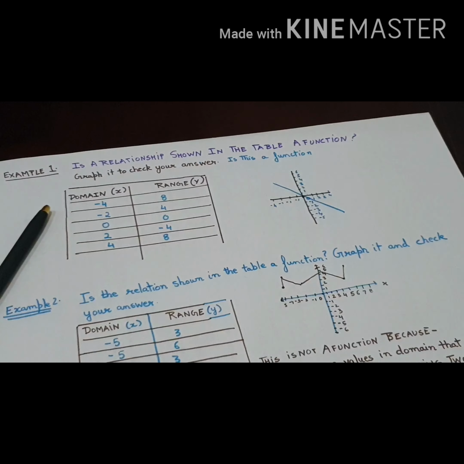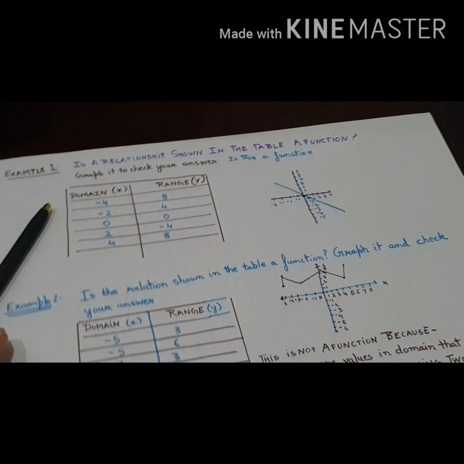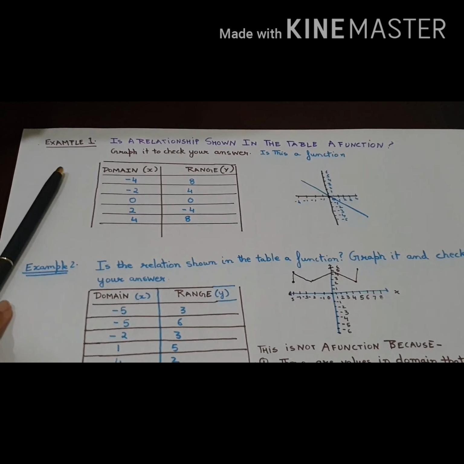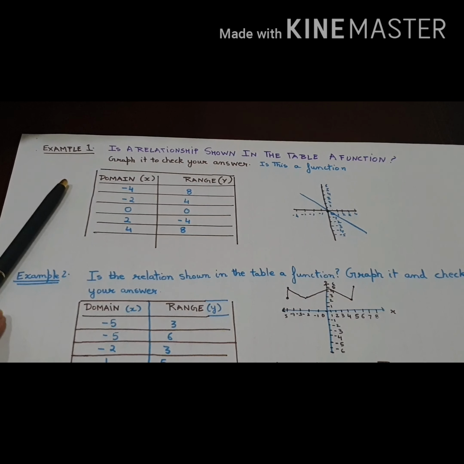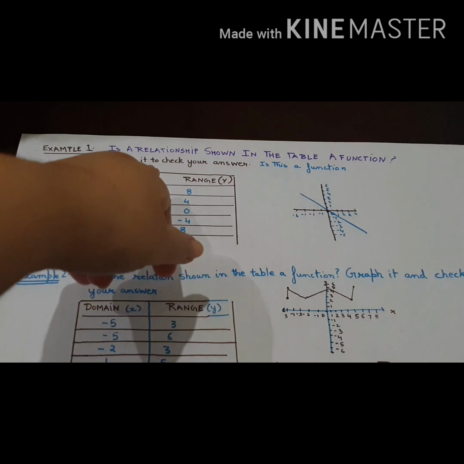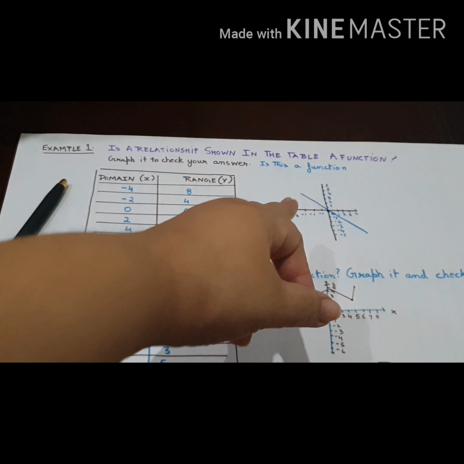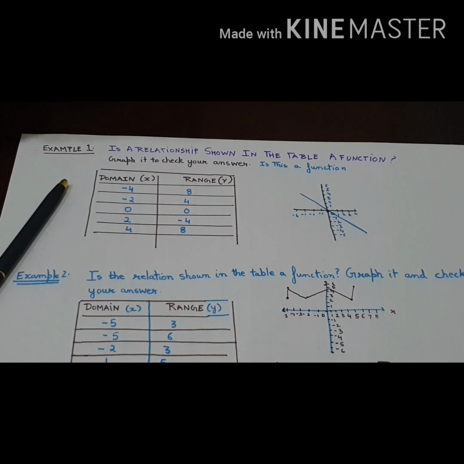Now it may be coming to your mind how you can say whether this relationship is a function or not a function. So for that I have taken 2 examples. Now you have to keep 2 points in your mind, and while doing these examples, the concept of relation and function will be very clear to you. My first question is, is the relationship shown in the table a function?